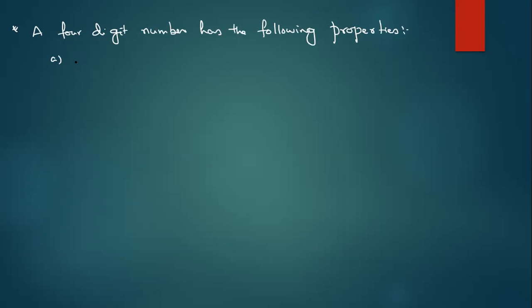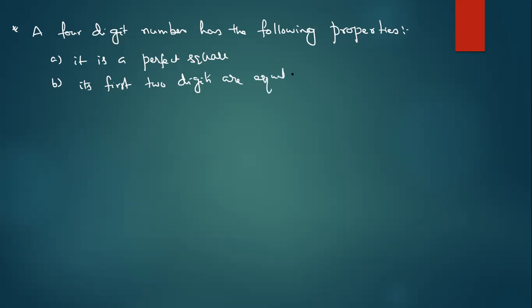See, A: it is a perfect square. Perfect square means what? k square. It is in the form of a square. B: its first two digits are equal to each other.